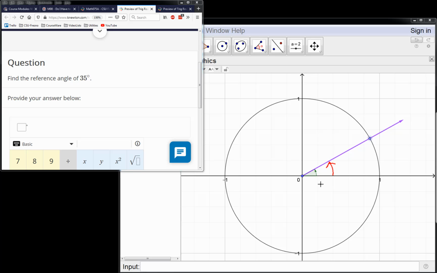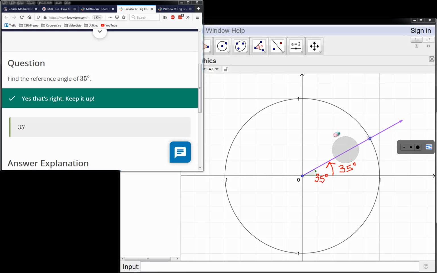We were told that this angle was 35 degrees, so the reference angle is also going to be 35 degrees. That might seem really boring, but trust me, it gets more interesting. But that is a fact: if you're given an acute angle, then the reference angle will be the same as the angle itself. So no big deal there.